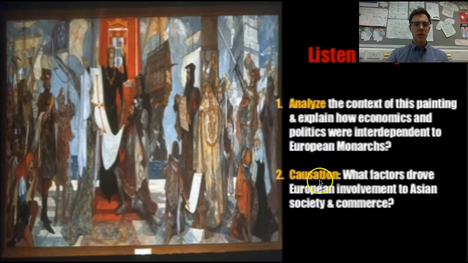For this next question, it says, causation, what factors drove European involvement in Asian society and commerce? So what factors drove this? Well, Portugal, I mean, this is pretty simple. Portugal was a very resource-poor nation. They didn't have a lot of resources, all right?